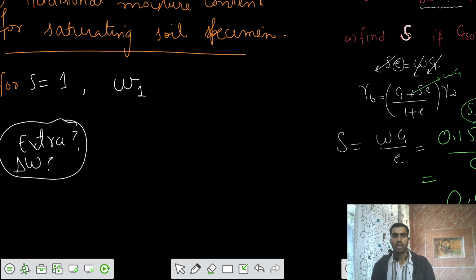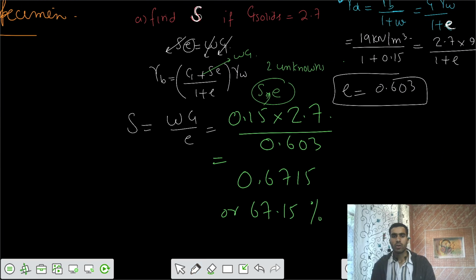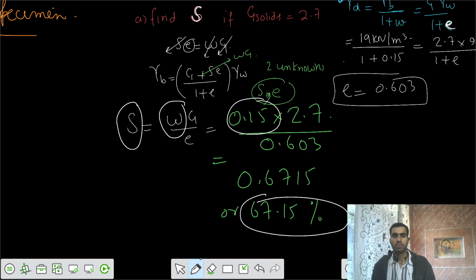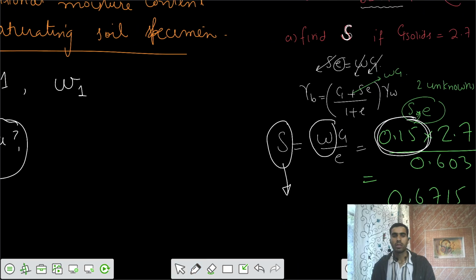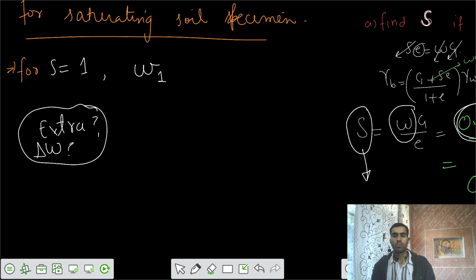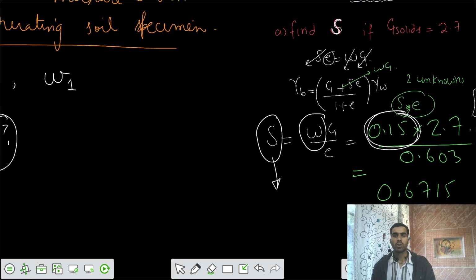So for that, let's say that initially you got a saturation of 67.15%, and the water content was 0.15. That means 15% of water content for saturating 67.15% of the pores. And if the saturation is 100%, how much water content do we have to add?